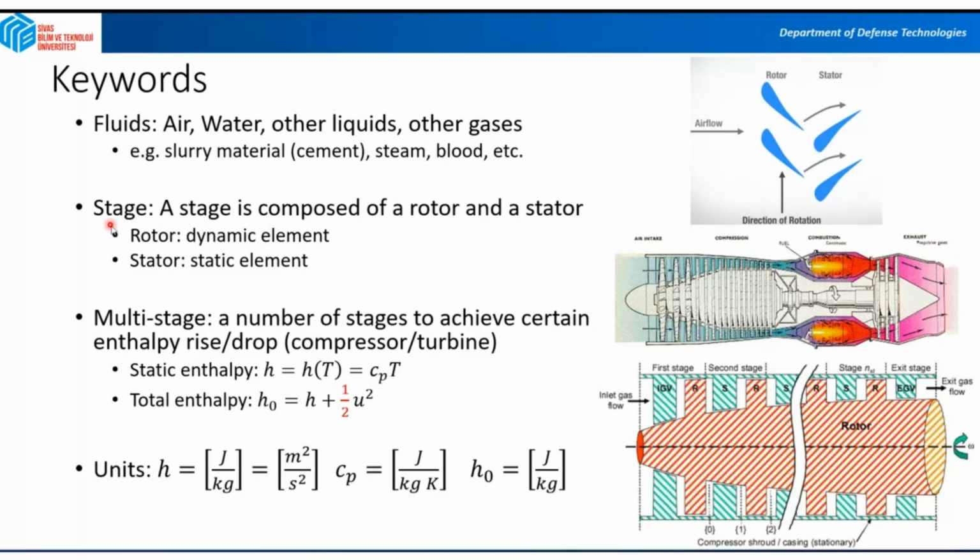We said that we have a stage. A stage is composed of a rotor and a stator. So you have one rotor, you have one stator, like in here. See, these are the rotors. Again, you're seeing one of these, let's say, blade rows from the side view.